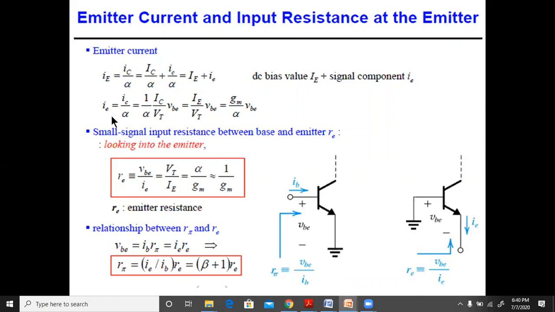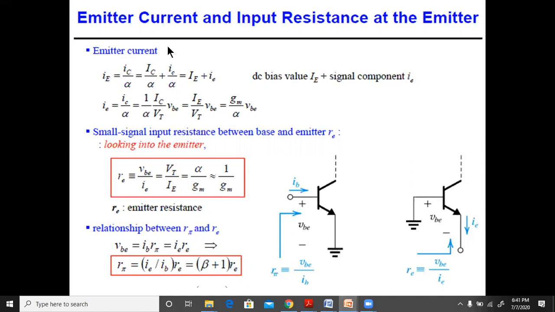IE is equal to IC by alpha. And again, the IC we found in the earlier slide: IC by VT into VBE. And IC by alpha is again the value of IE, so IE is IC by alpha into VBE by VT.